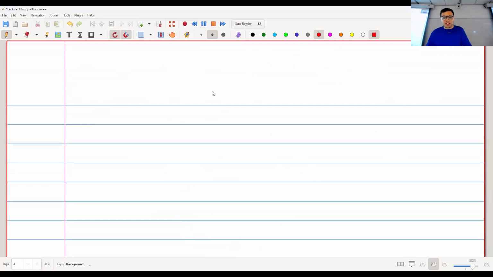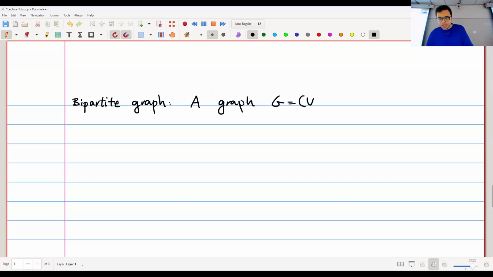Now, I want to define the concept of a bipartite graph. I say that a graph G, let's call it (V, E), is bipartite.